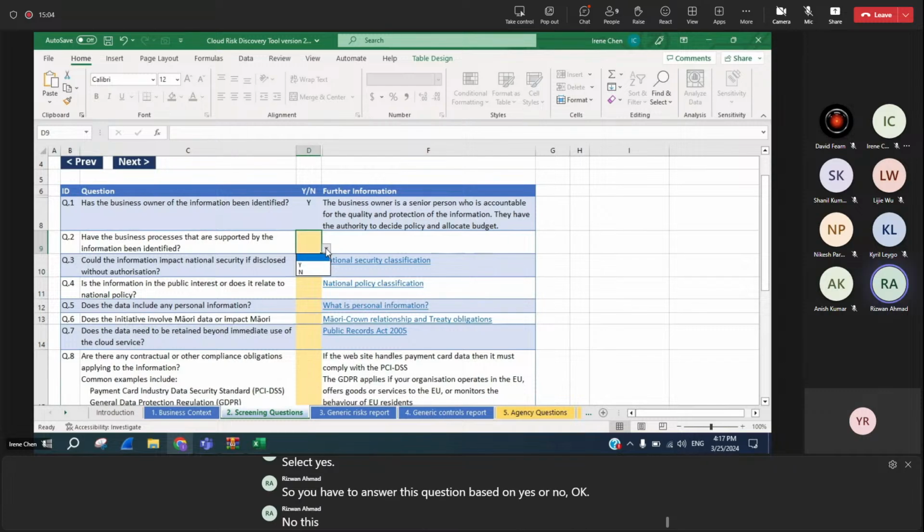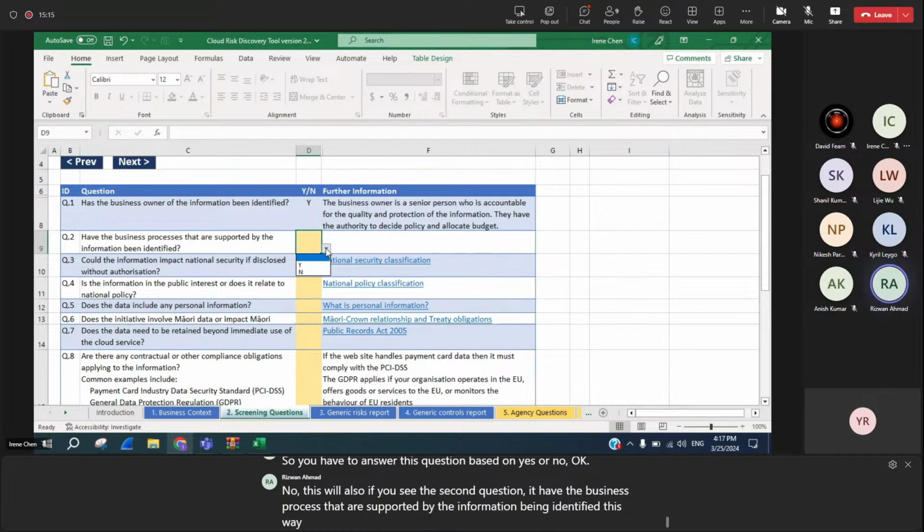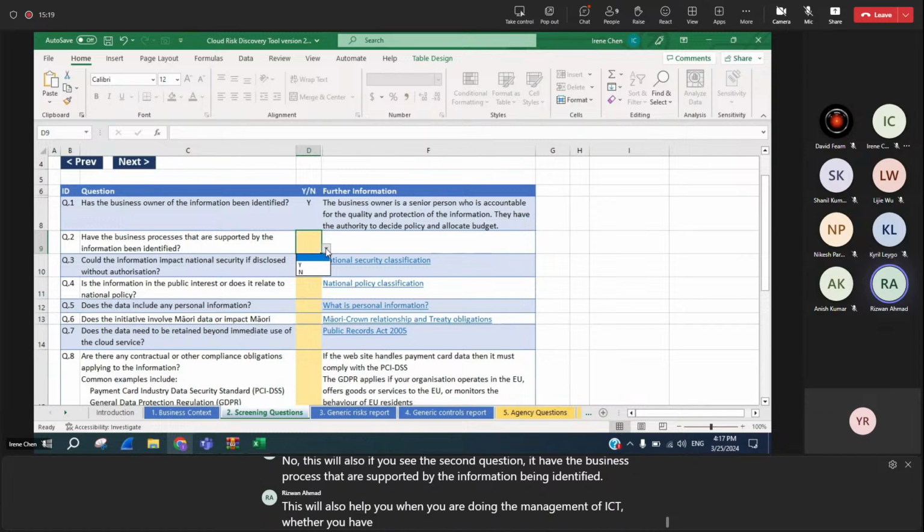If you see the second question, have the business processes that are supported by the information been identified? This will also help you when you are doing the management of ICT, whether you have identified business processes or not.